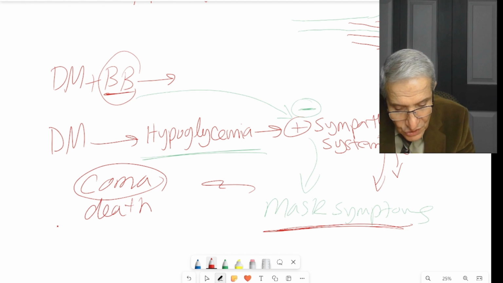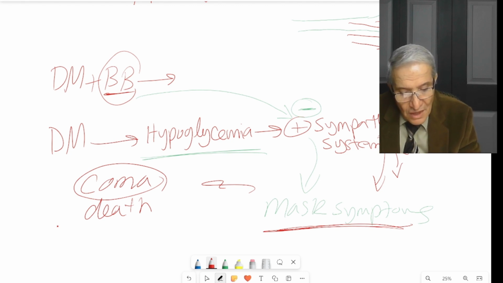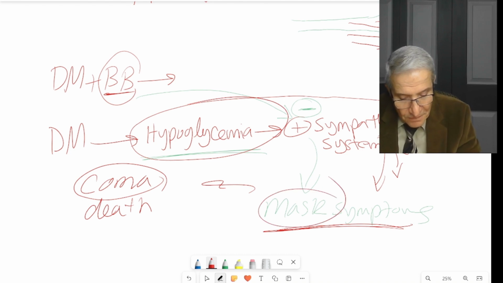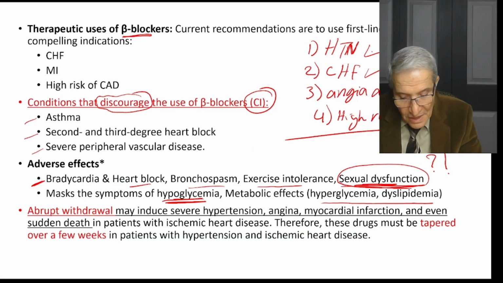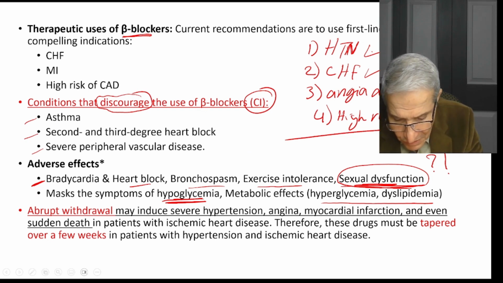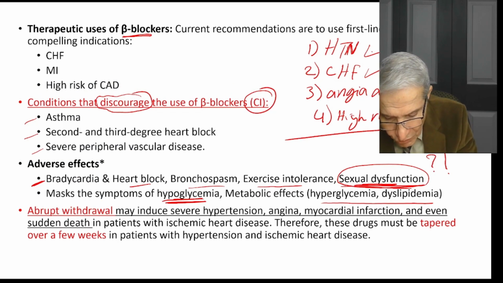For this reason, we don't prefer to prescribe non-selective beta blockers to patients who suffer from diabetes, because beta blockers mask symptoms of hypoglycemia. If you go into the slide, you can see here, beta blockers mask symptoms of hypoglycemia.